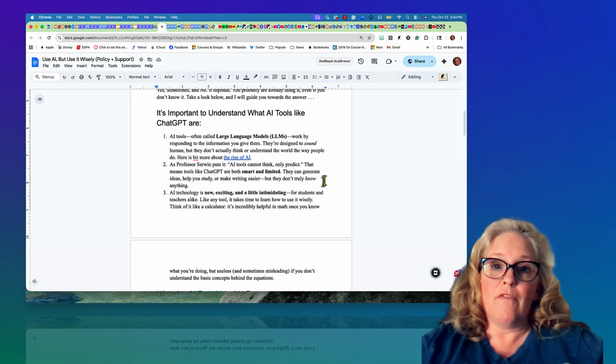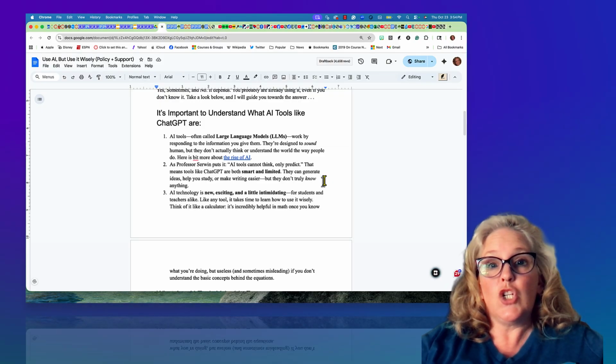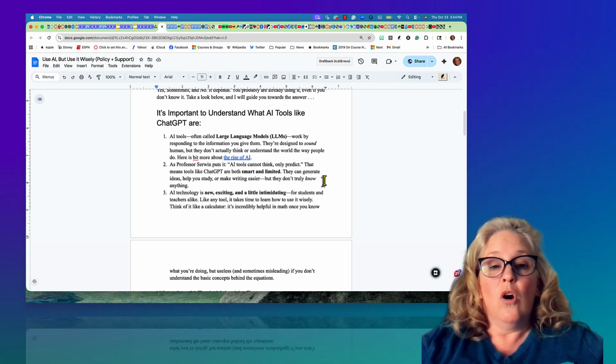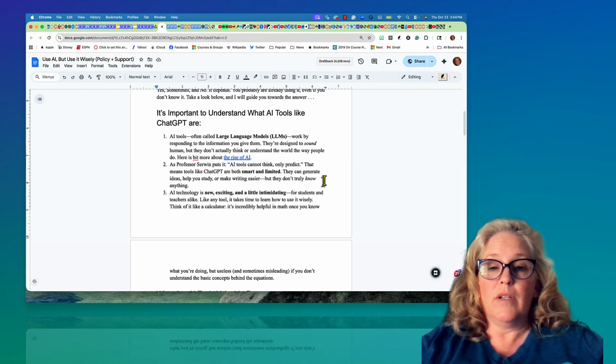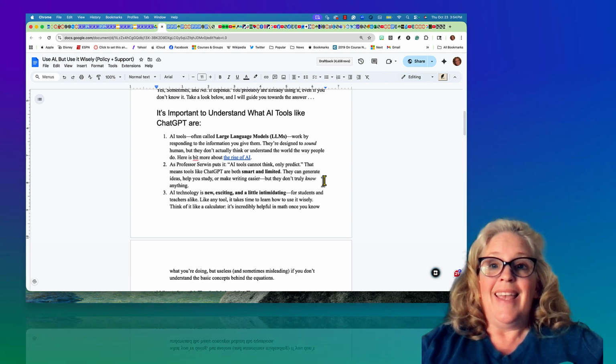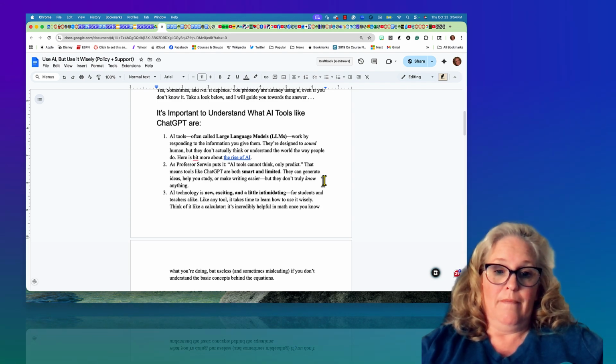It doesn't come from items published behind a paywall or items in a library. It comes from social media and articles written by people that may not be accurate or true. So it's really important to understand that while you might get some good support from AI, it's not all knowing.